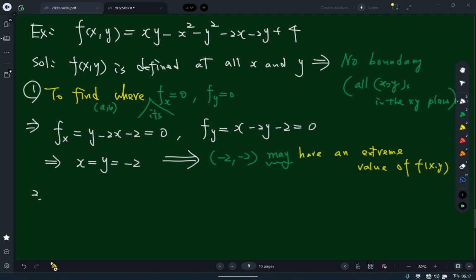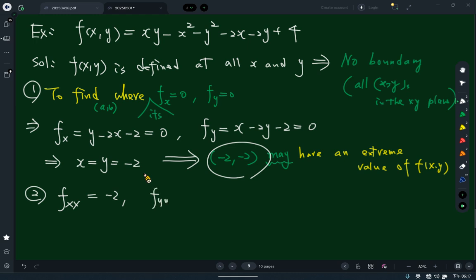Then we continue to test this point. We can calculate partial f, partial x, partial x. We continue to differentiate, it will be -2.